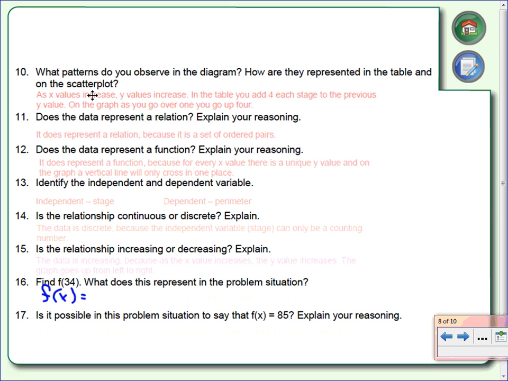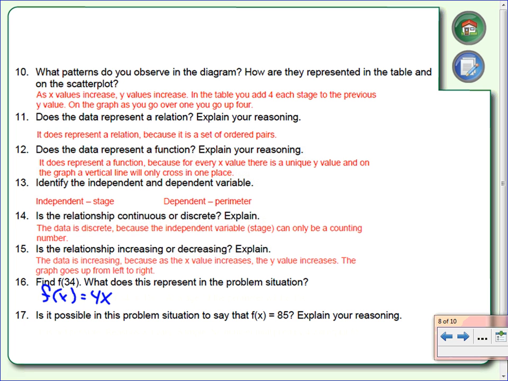So now that we know the rule is 4x, now we can find f of 34. So here's how we did it. In order to find f of 34, what we did was replace our x with the number 34. In other words, we're going to figure out what is 4 times 34. So if you use your calculators, 4 times 34 equals 136.